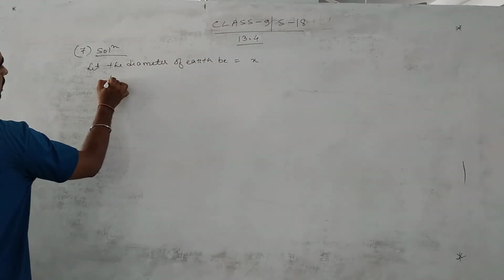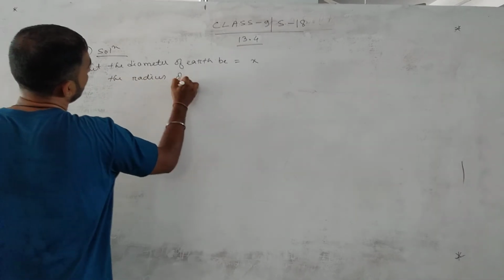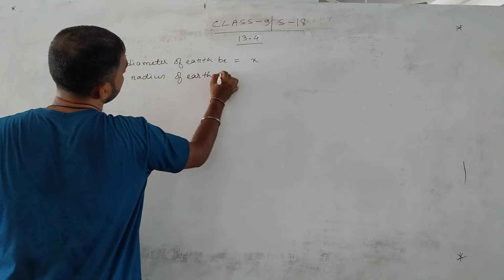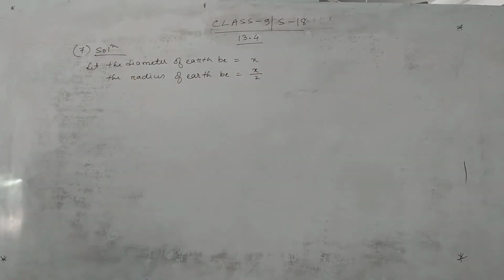So the radius of the earth, if the diameter is x, equals x by 2.